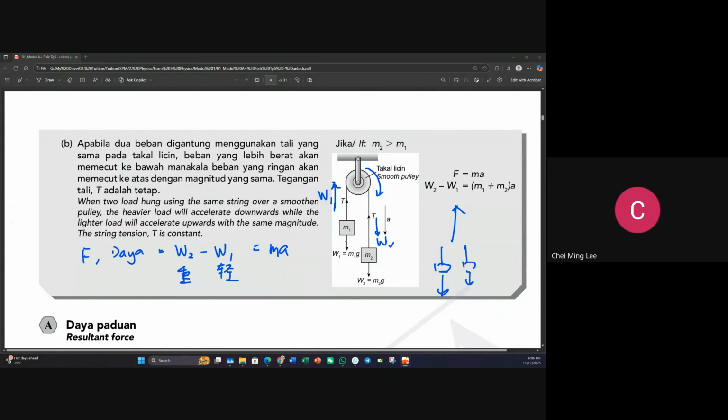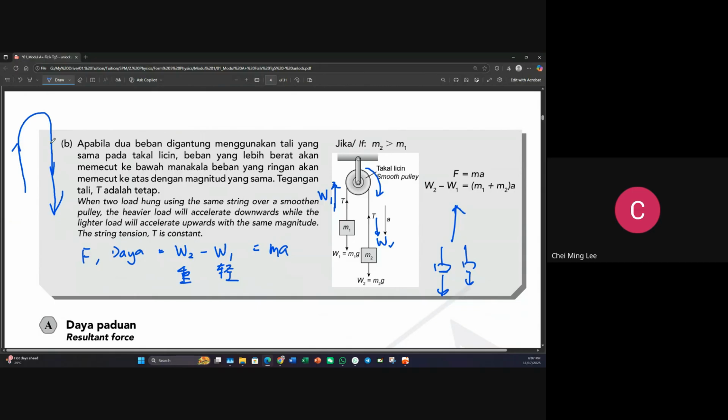The acceleration of moving upward and downward is the same. So that's why the formula is weight 2 minus weight 1 equals (M1 plus M2) A, sharing the same A, because in the end both will go downward.